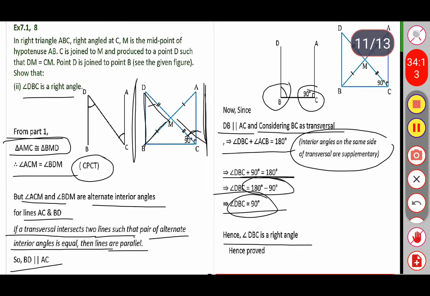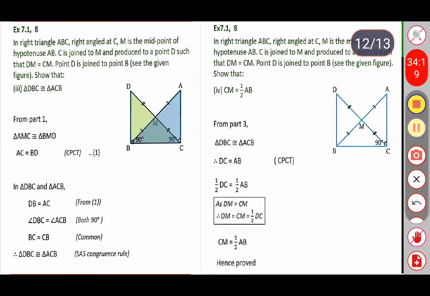Let's see the proof of the third question in the same question. Here we already proved in the first part that triangle AMC is congruent to BMD, so AC is equal to BD. It is already proved in equation 1 by considering the congruent parts of the triangles.